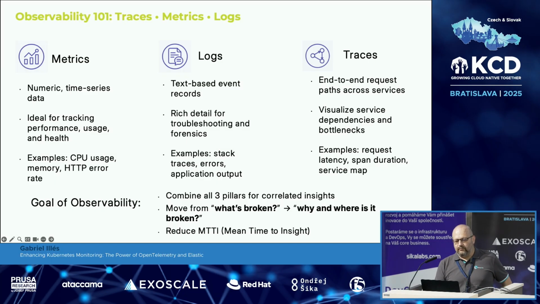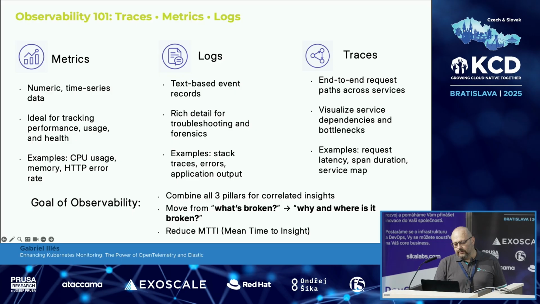In the next slide, I would like to talk about the basics of observability. As you know, there are three types of signals in observability. First of all are metrics, which give us a high-level picture about the usage of the infrastructure: CPU, memory, then request rates and so on.